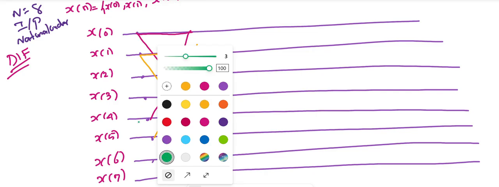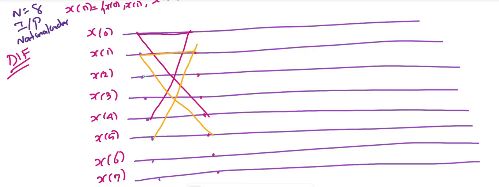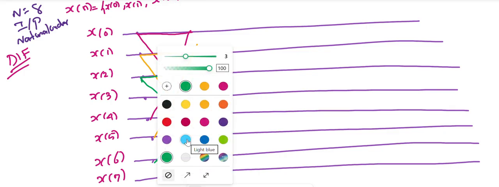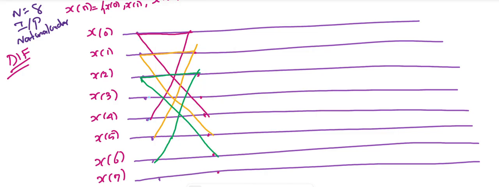Take the third butterfly, and the last butterfly will take another color, pink, blue. This blue will take this one.